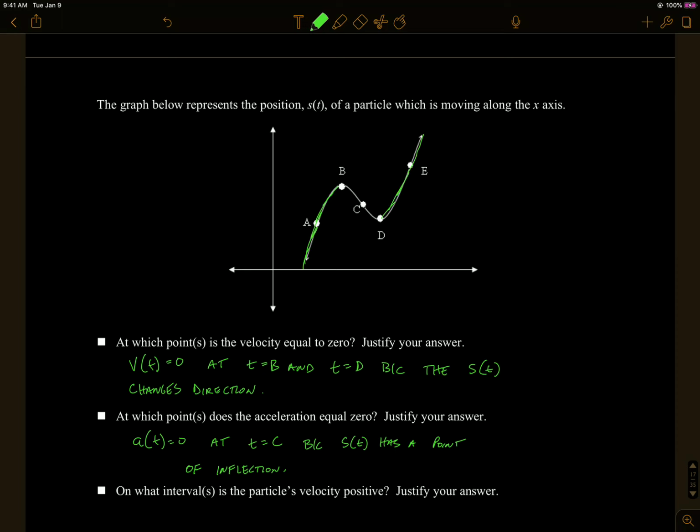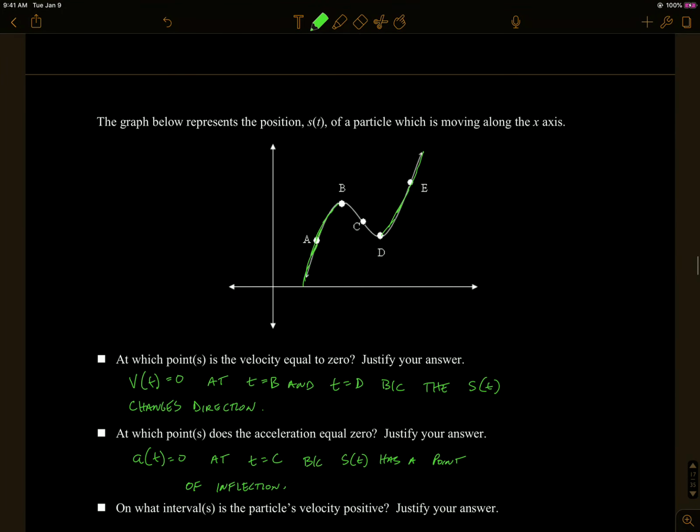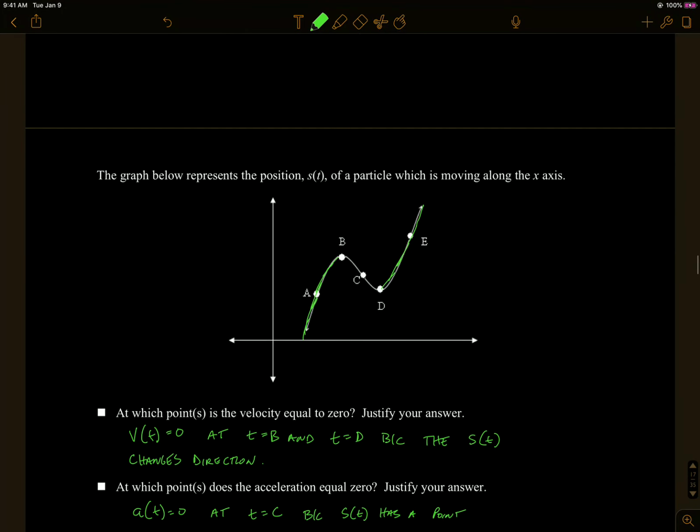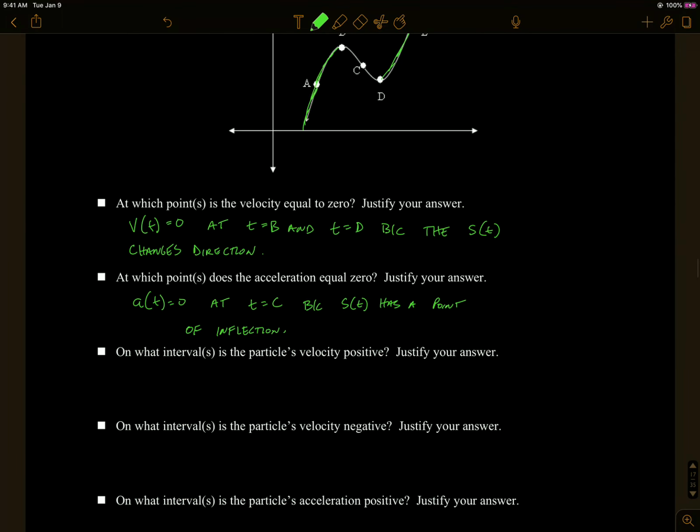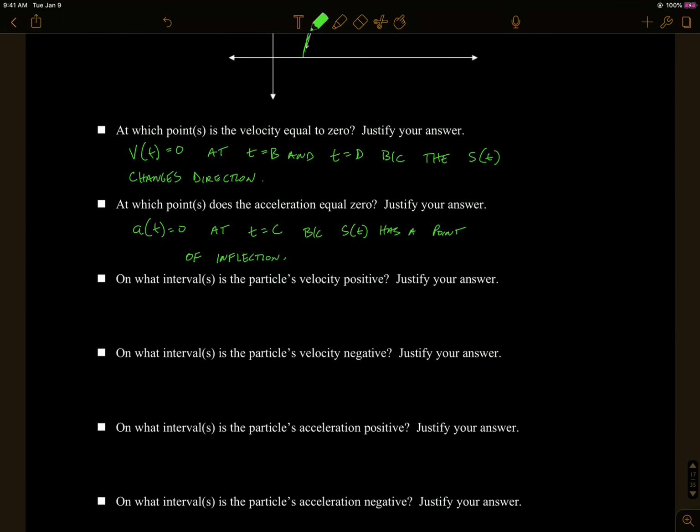We're going to assume time can't be negative since we're talking about time. So the velocity is positive on the interval 0 to b, and again from d to infinity, because the original position function is increasing.